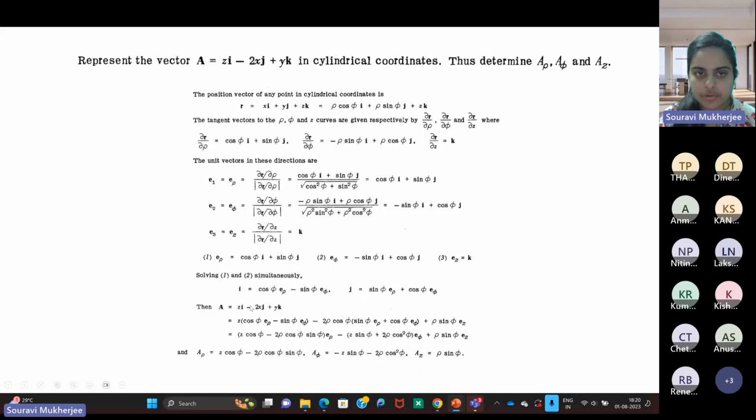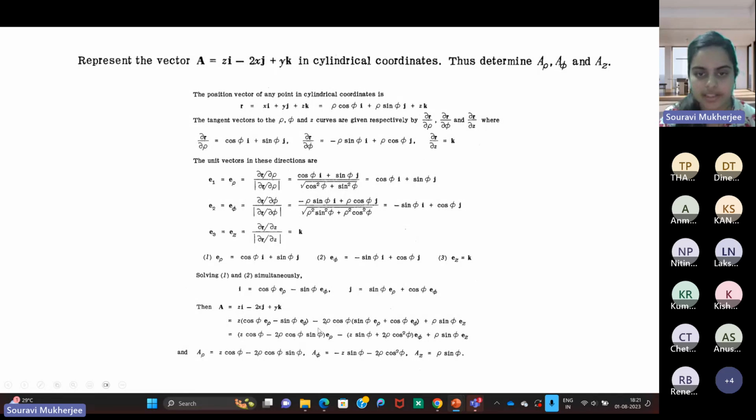Now for your case, you know this is your vector, and you have to change from the rectangular system to the cylindrical coordinate system. You know how x, y, and z depend on rho and phi, so you can replace x by rho cos phi, replace y by rho sin phi, and z remains z. Then i cap, j cap, and k cap can be replaced by these values. If you do that and look at this expression, you only have the unit vectors along your new coordinate system, and values like z, phi, and rho.